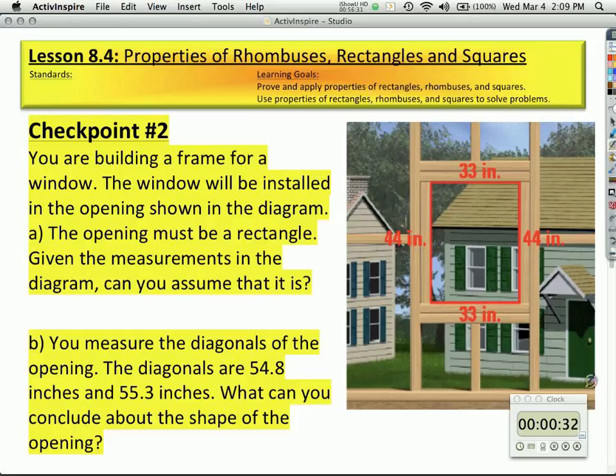But a rectangle is a parallelogram. I'm saying you have to prove that it's a parallelogram. If you were testing for that shape, you'd say no. I assume that it is because, look.